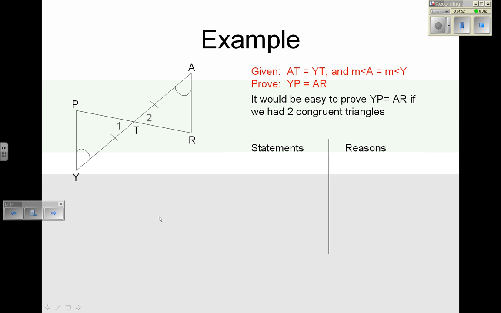And looking at this, using angle 1 and angle 2 there, I think I might have some congruent triangles. My proof might include angle Y and A being equal, because that's given, and YT being equal to AT, which is given. If it's not already marked on the picture, I should mark it to interpret what I have going here into here. And then I might say that I have some vertical angles. Now, right now, I'm looking at angle, side, angle.